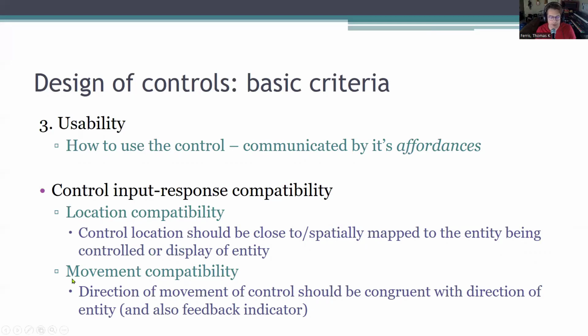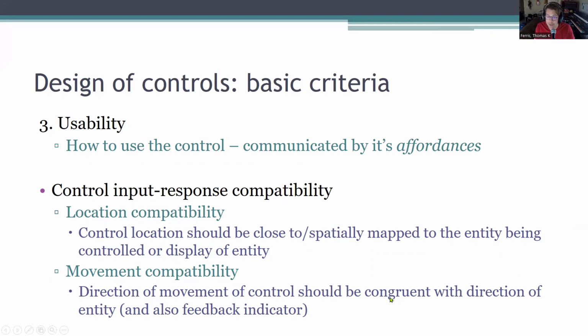So I guess what I was just talking about there is the movement compatibility. If I push forward on the joystick, I expect the system to move. I have a certain expectation for how I think the system should change, right? And so those should be congruent, and they're not always.